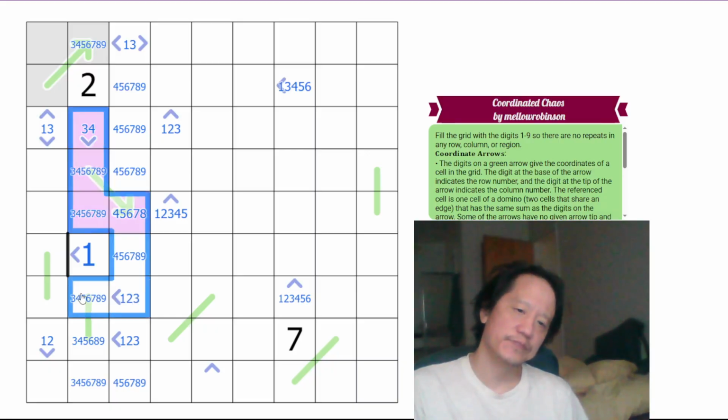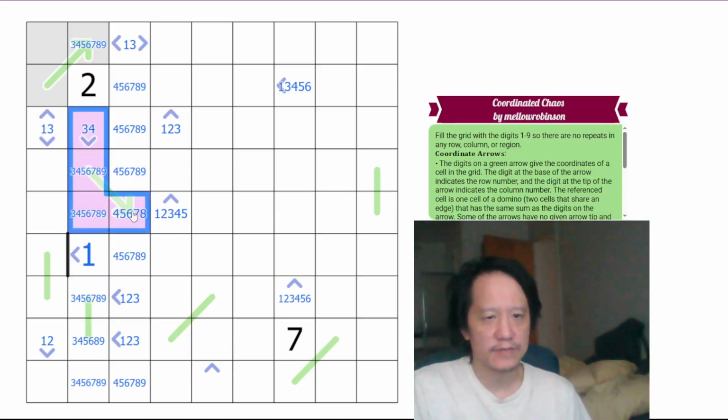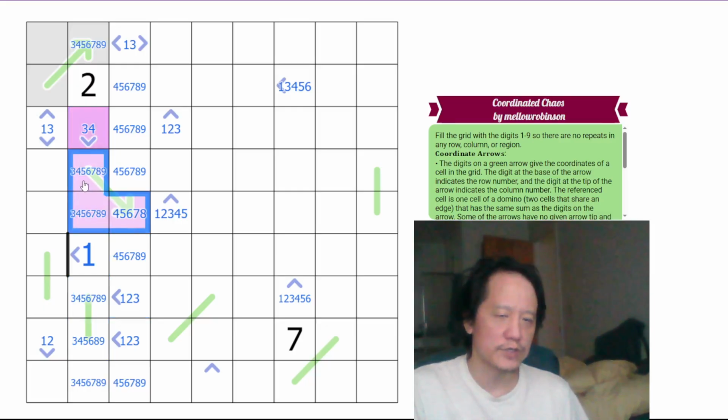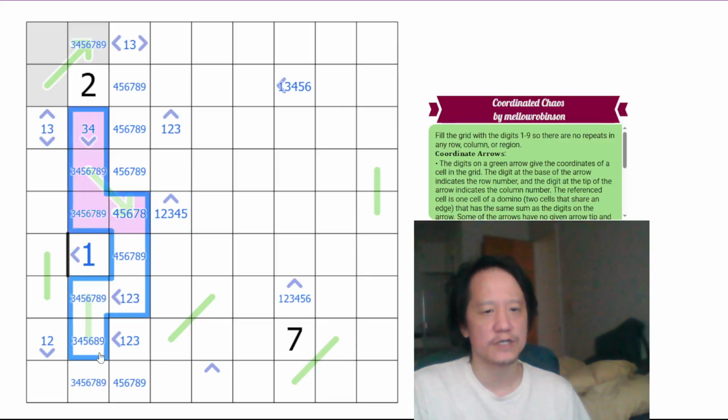Technically, you could have a region go that way, but that's, again, too much, right? 1, 2, 3, 4, 5, 6, 7, 8. And then both of these point to somewhere that's not, this one points to something that's off the region. That is not in the current 8 cells in the region, I should say.